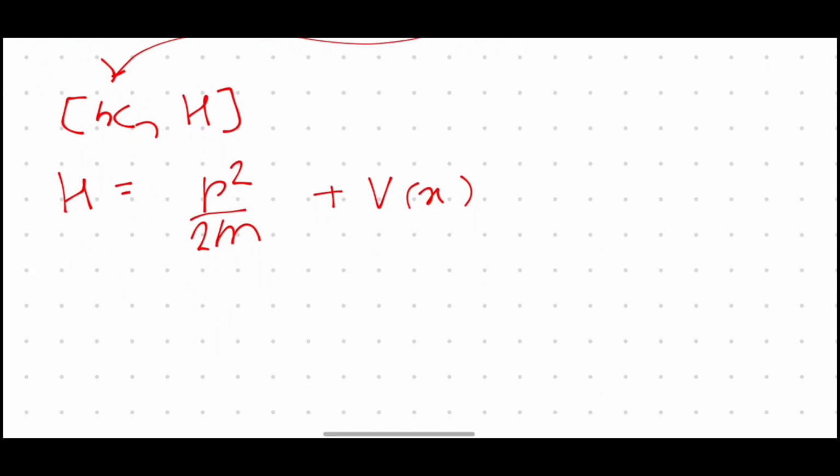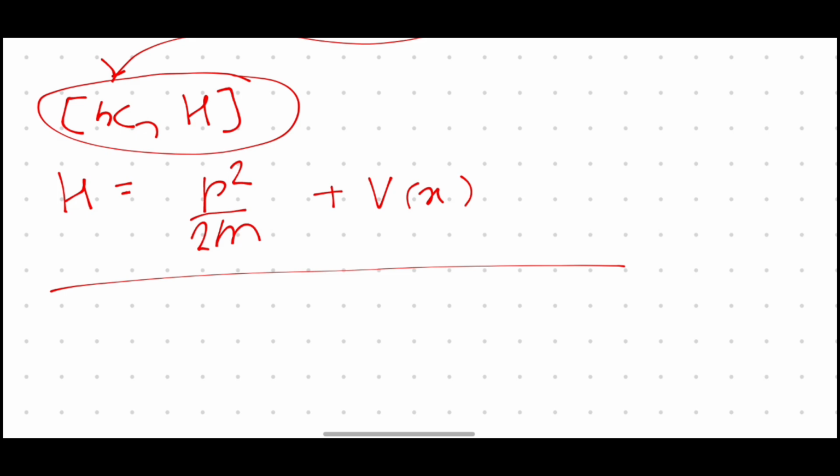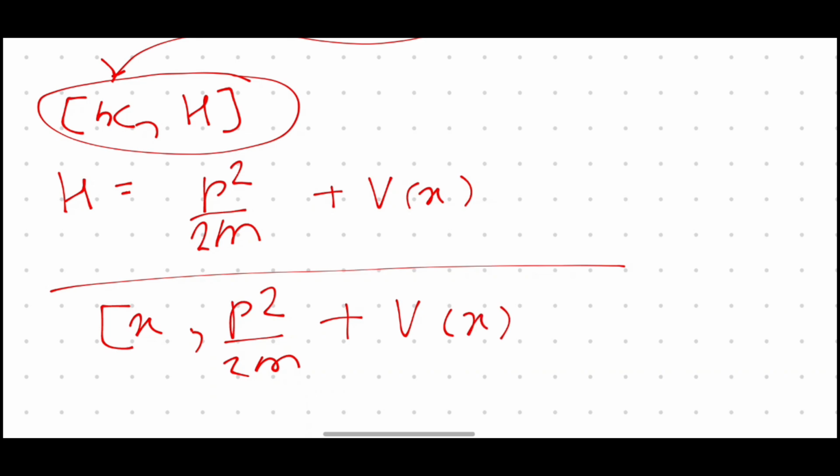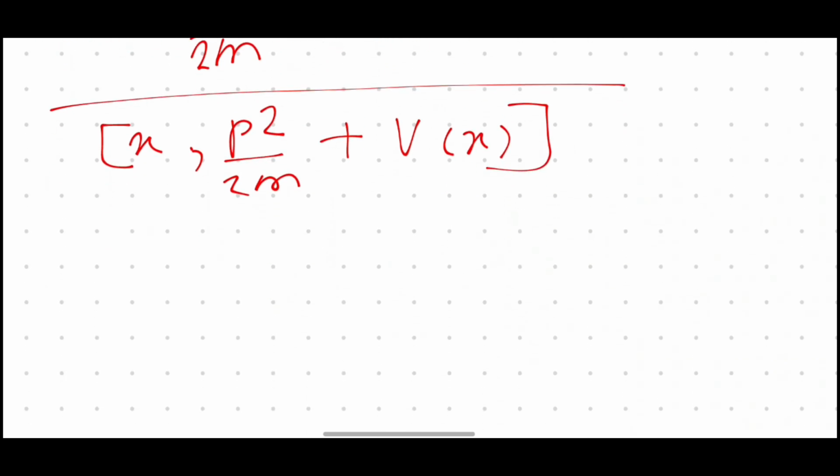Now we try to construct this in this particular commutator. So my x, which we chose, and p square upon 2m plus v of x, and then we are going to commutate with each other.